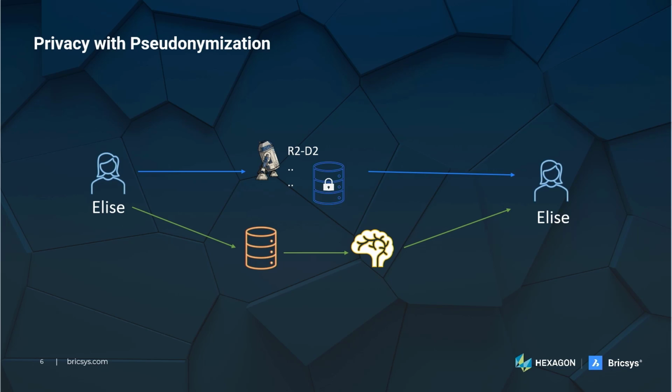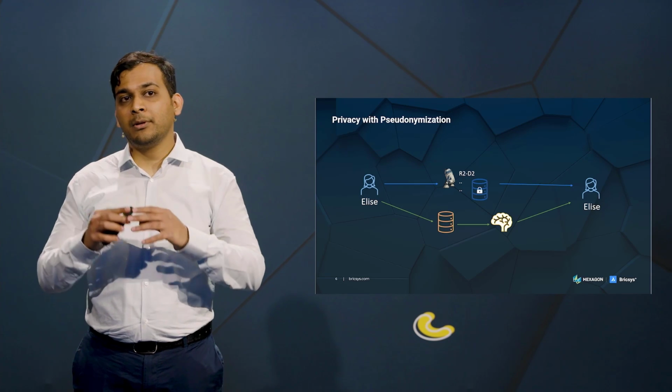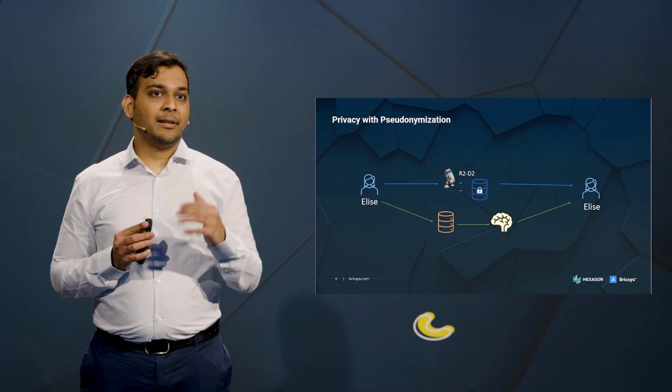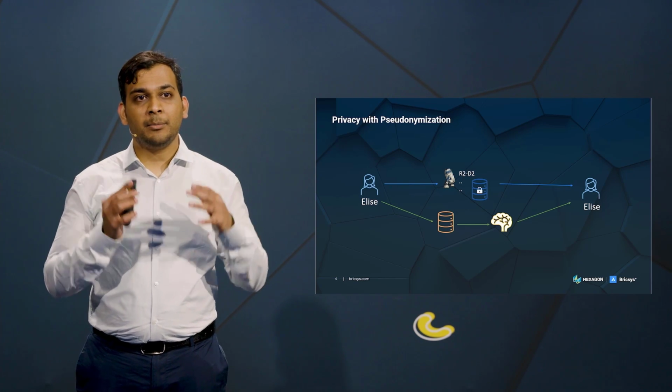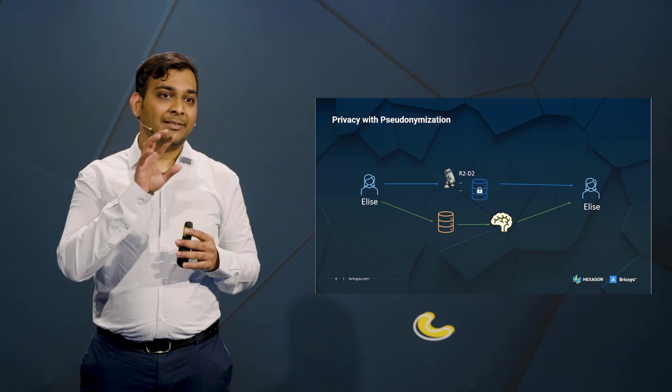So what is pseudonymized fashion? Let's say Elise over here decides to share her data with us. What we do with her identity is that we link her identity to a random identifier, in this case R2D2. And her identity is stored in a secured location which none of us have access to. The remaining data set, like profile data, application data, and geometric data, is stored in an independent database where machine learning is applied.